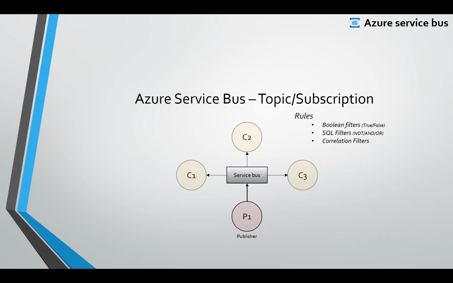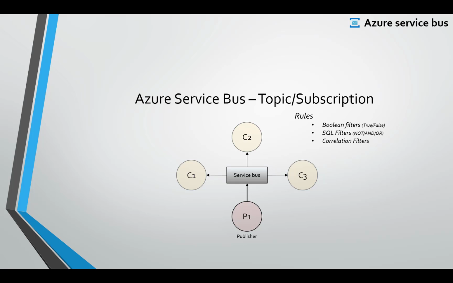And when we publish it, the service bus will check what subscriptions fulfill the criteria for receiving an order. So you can say within one subscription, I am interested only in orders that are above $500, and I'm not interested in anything else.